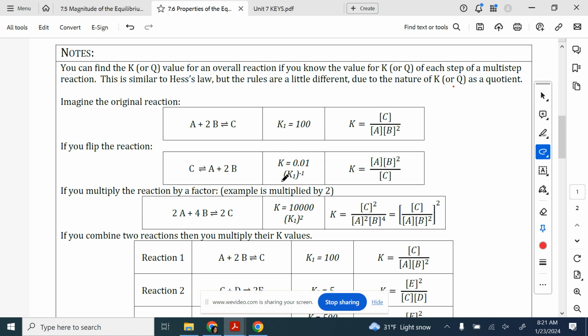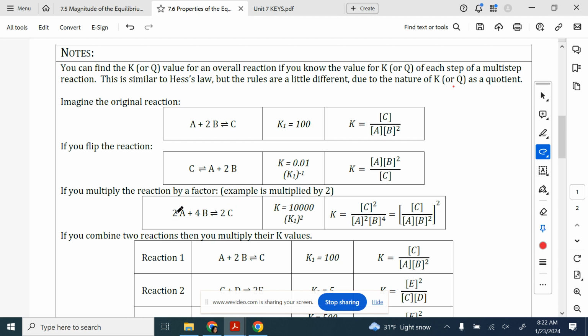Okay. If you multiply the reaction by a factor, then you're going to square that K value. So if you had to go through, because of Hess's law, and multiply to get things to equal out, remember how we had to flip things around and multiply by things to get stuff to cancel out?